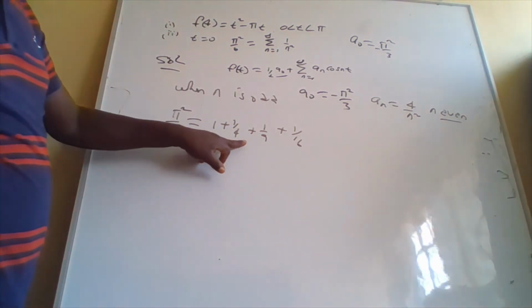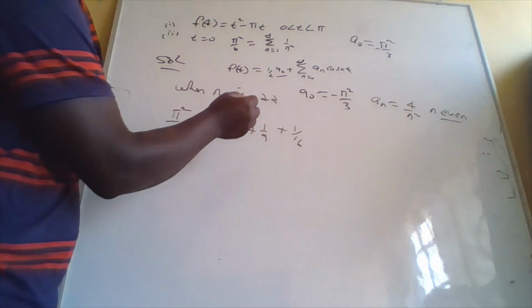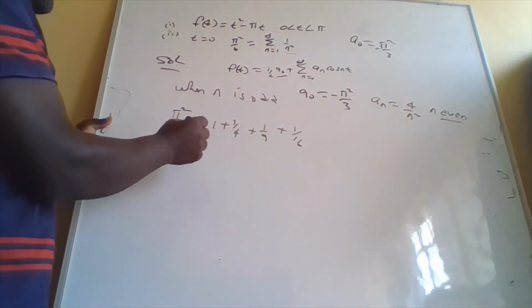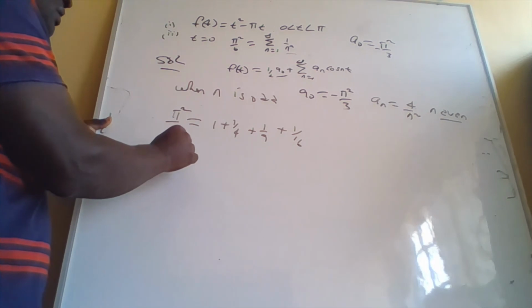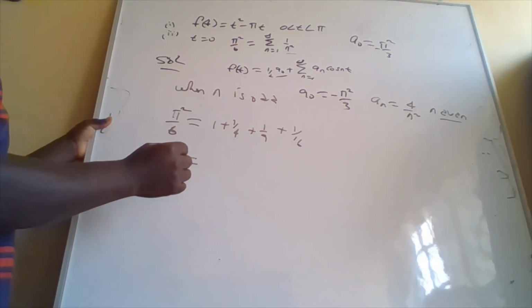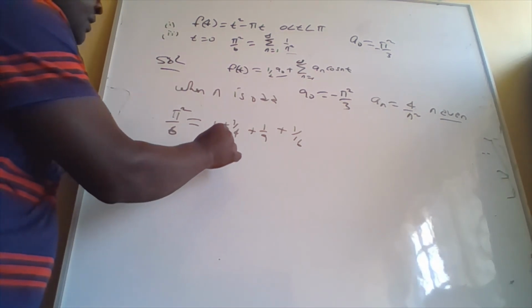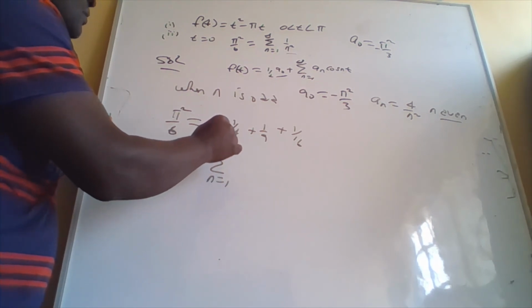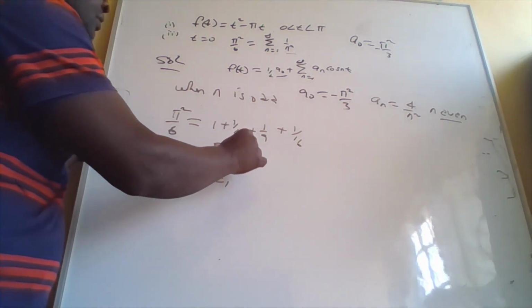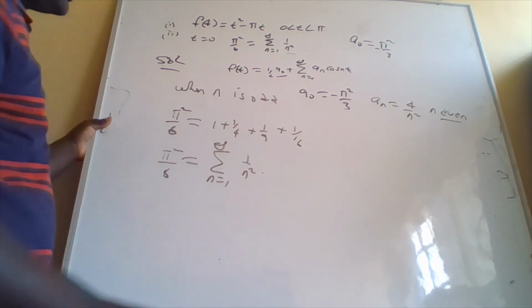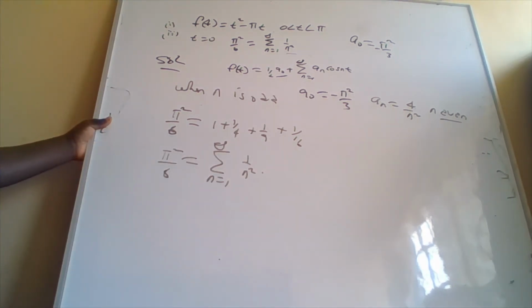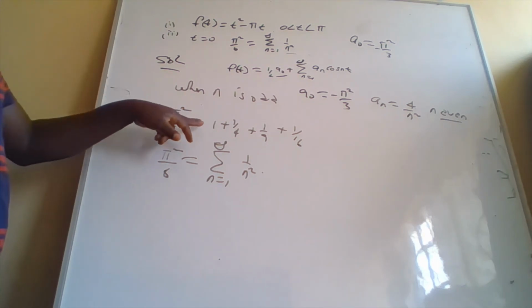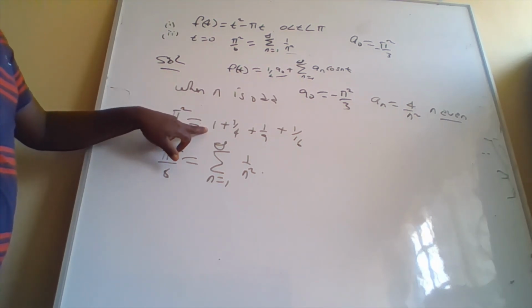And then we can rewrite this one, so pi squared over 6 is given by the summation of n equals 1, then 1 over n squared.